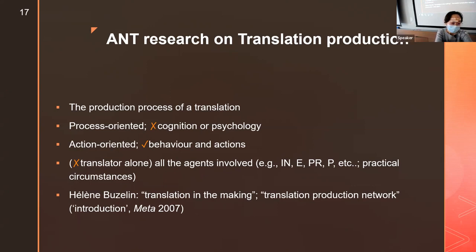This translation production research is what Elena Bozellin called translation in the making, or the translation production network.